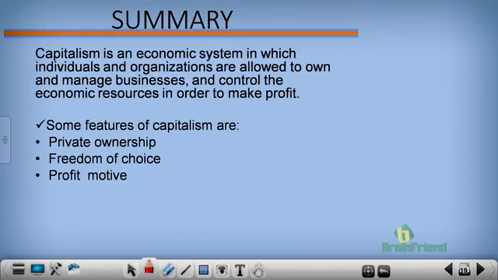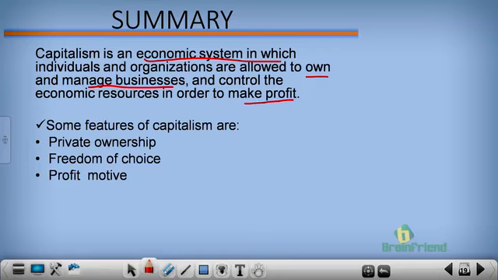I'd like to say we've come to the end of this class, but before we go, let's take a quick recap of all we learned today. We looked at the definition of capitalism, where we said it's an economic system in which individuals and organizations are allowed to own and manage businesses and control the economic resources in order to make profits.